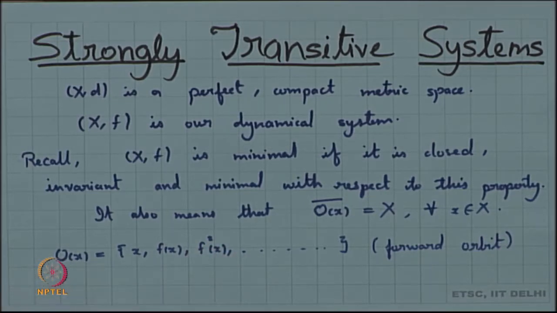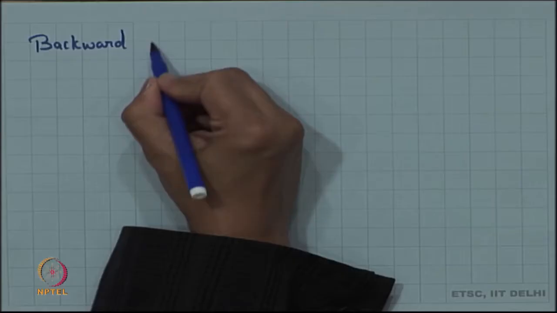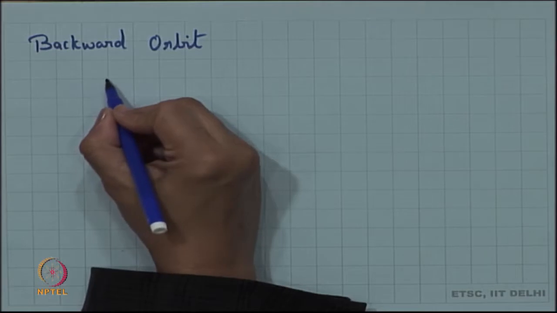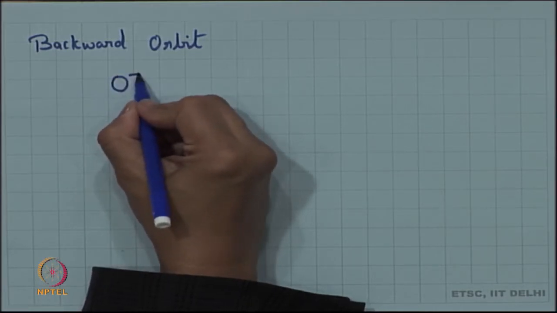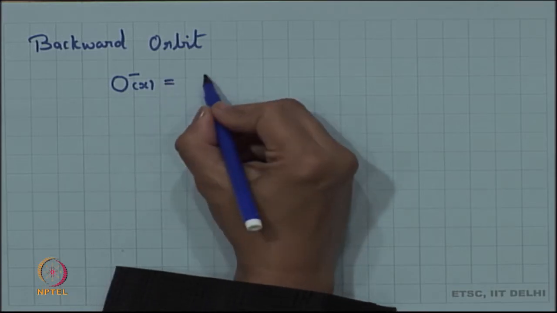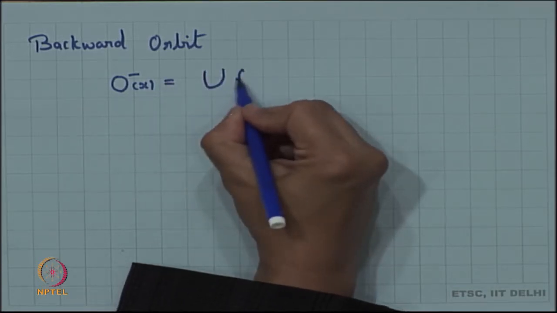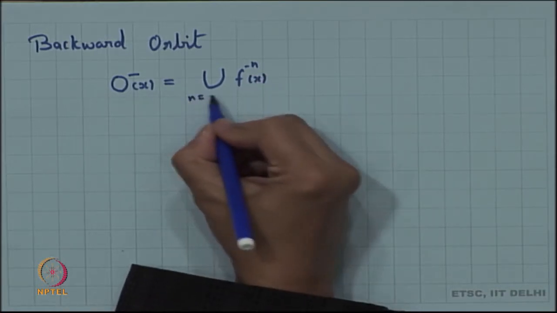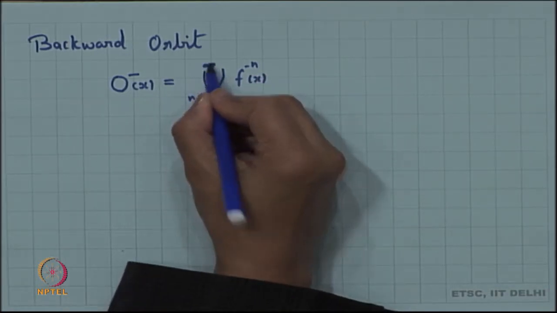So we define the backward orbit, written O minus, to be the union of all f minus n of x, where n goes from 1 to infinity.